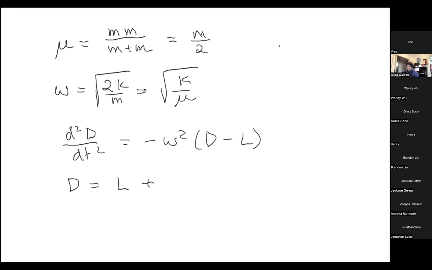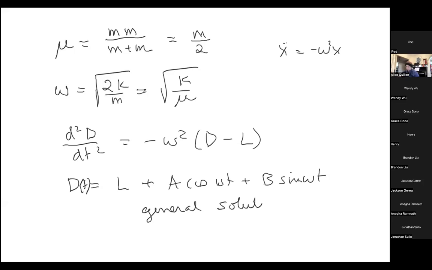If you remember, a harmonic oscillator looked like this, omega squared there. So the distance between the two masses obeys the same equation of motion as a harmonic oscillator, and that means we know the general solution at all later times. We can write it in terms of A cosine omega t plus B sine omega t. So that's a general solution, and we just have to find A and B.